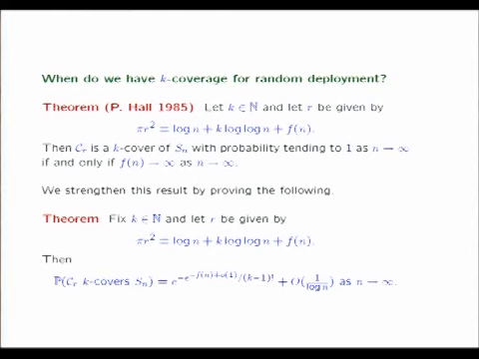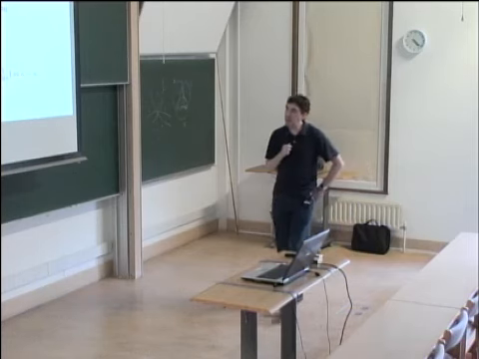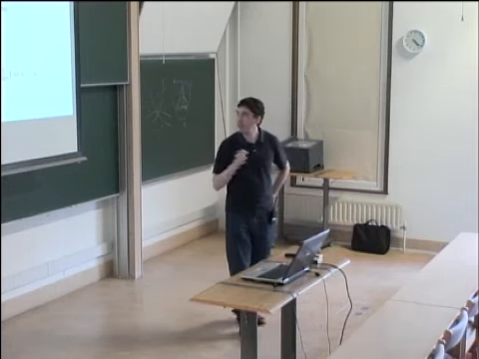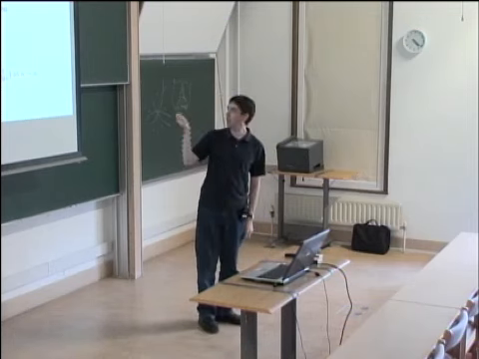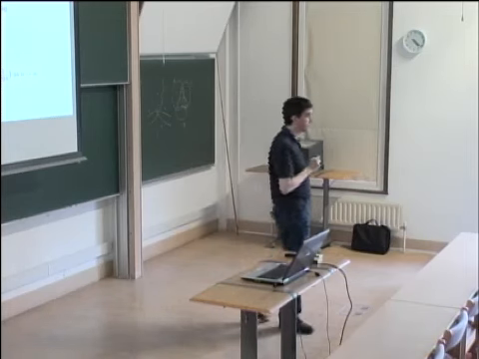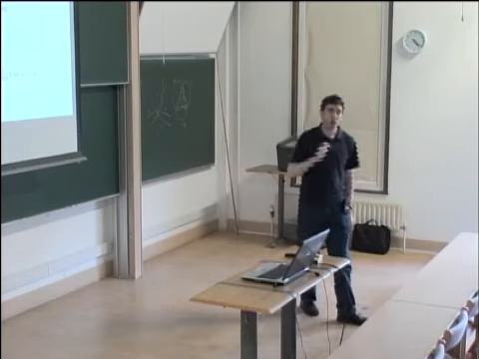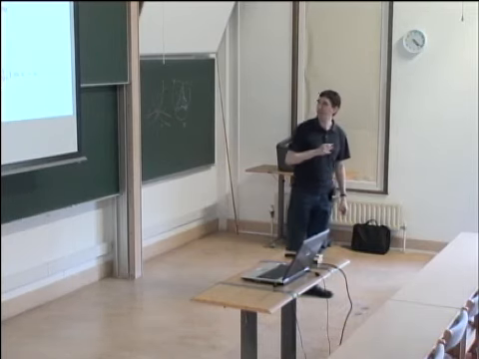We can strengthen the result a little bit and give a more quantitative result: if pi r squared is exactly log n plus k log log n plus some function f, then the probability that it k covers tends to e to the minus f over (k minus 1) factorial, plus some small error terms which tend to 0 as n tends to infinity.